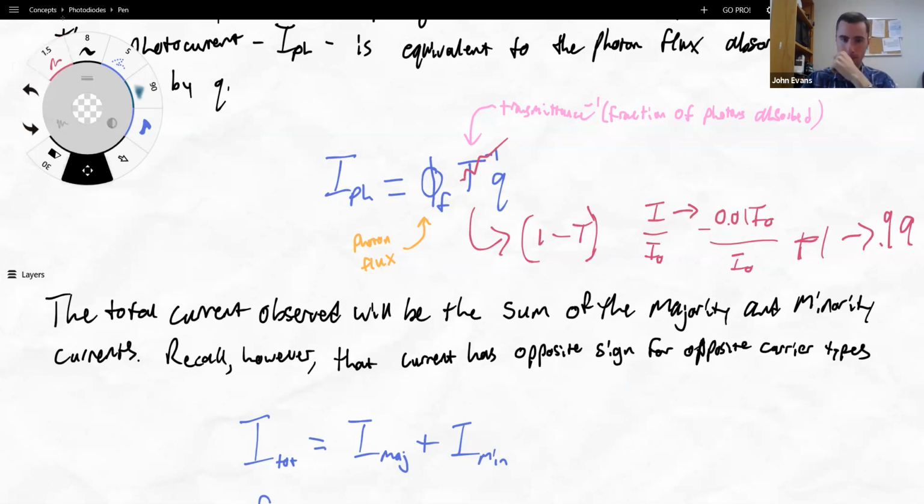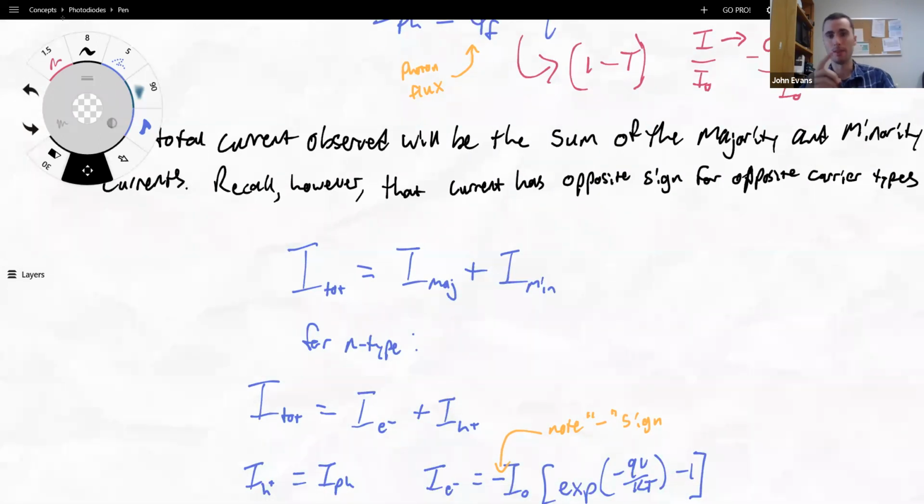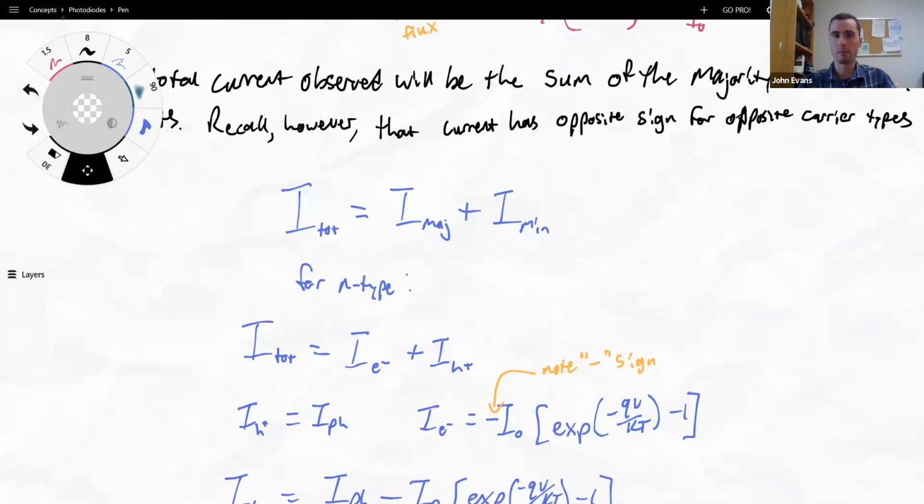So in expression form, the total current is going to be equal to the majority current plus the minority current. And then we're going to say this is an N-type material. It's doped, so the majority is electrons and the minority is holes.